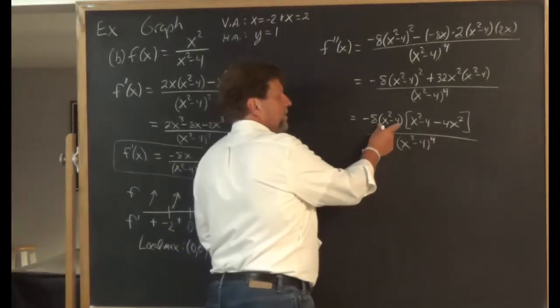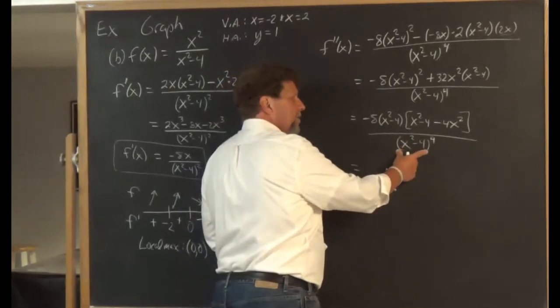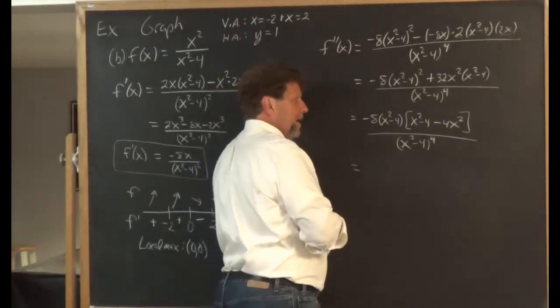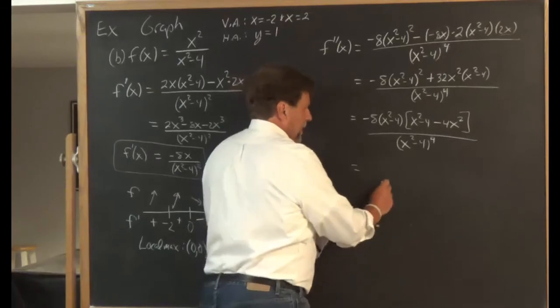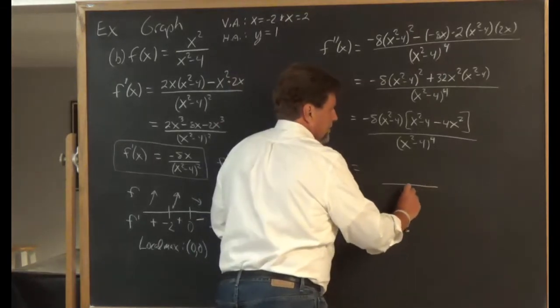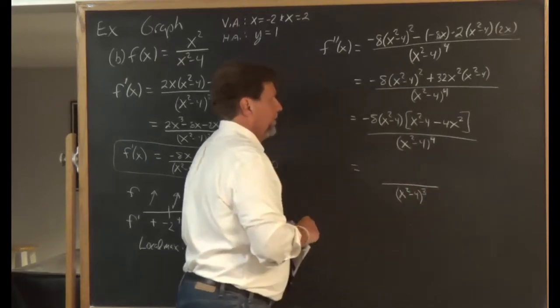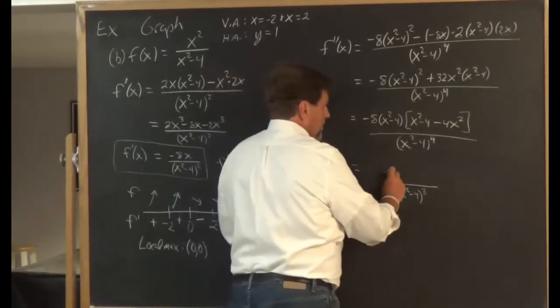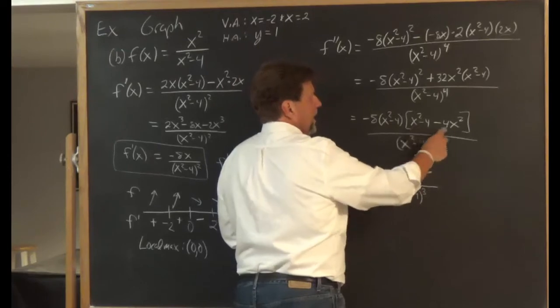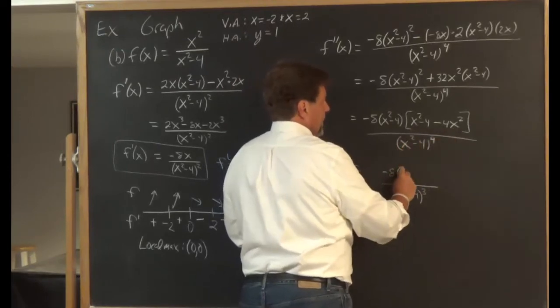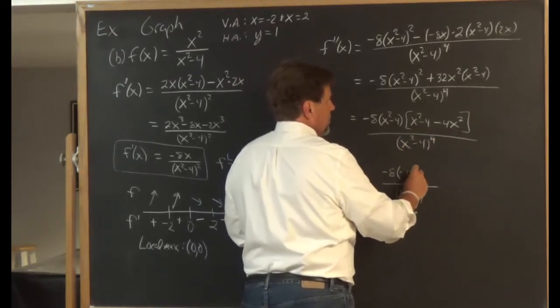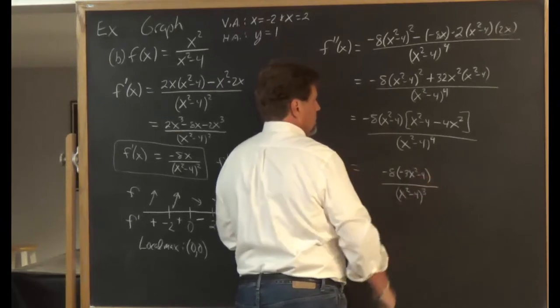I could take this x squared minus 4 and cancel it out with one of the x squared minus 4s in the denominator. That leaves me with an x squared minus 4 quantity cubed. And then I can combine like terms in here, and I have a negative 3x squared minus 4.